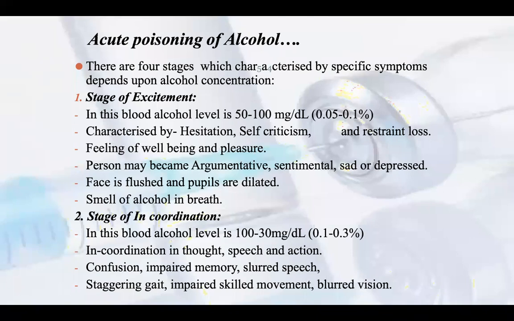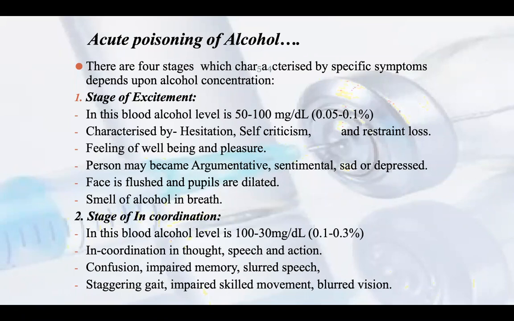In acute poisoning with alcohol, there are 4 stages, characterized by specific symptoms depending upon alcohol concentration. Stage 1 is the stage of excitement.